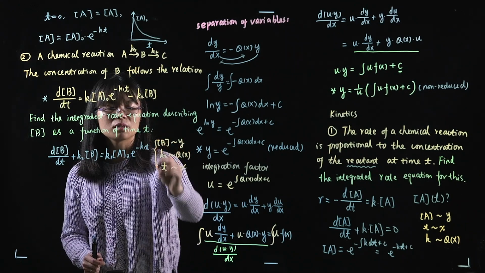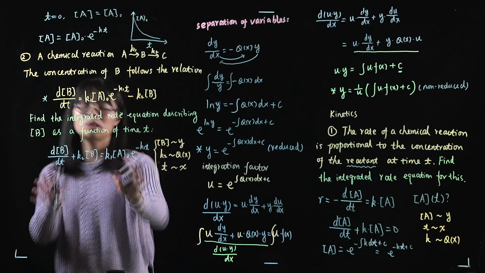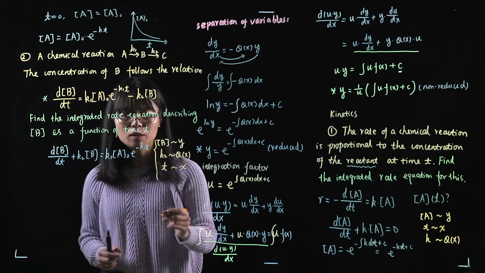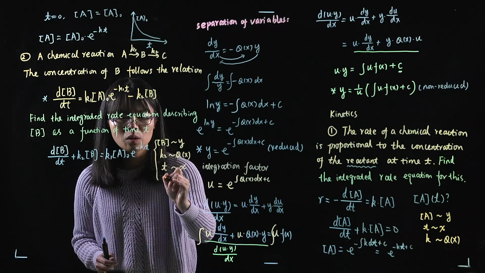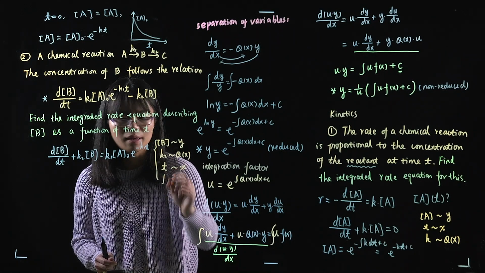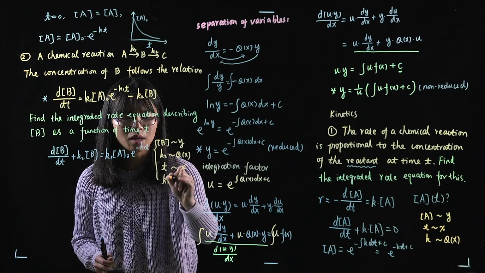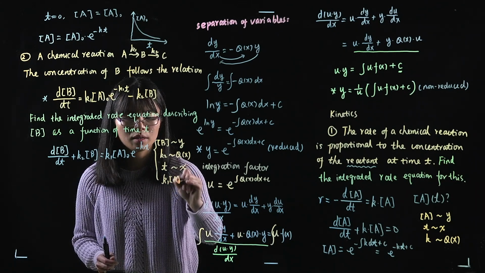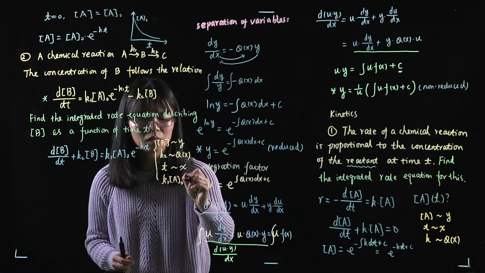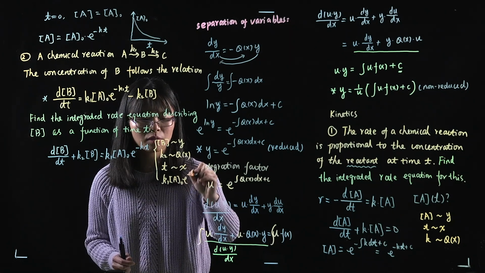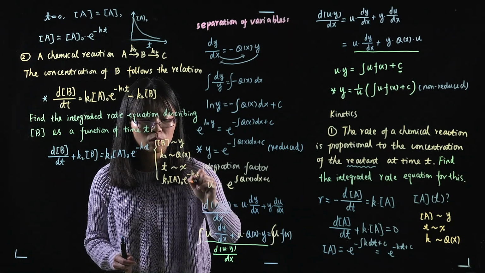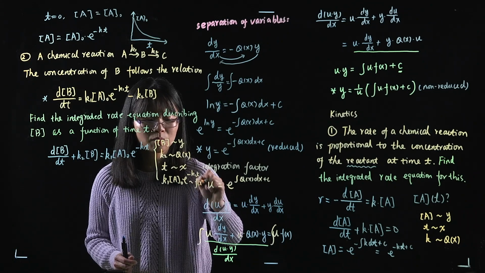If you are not comfortable seeing a new set of variables, this is the way to go. Also, my f of x equals K1 times A naught times exponential negative K1t. This is equivalent to f of x.